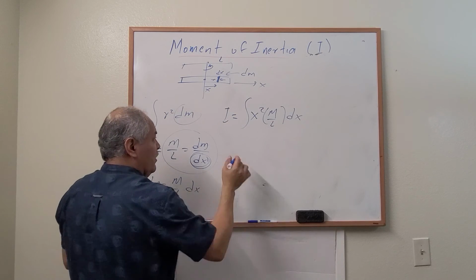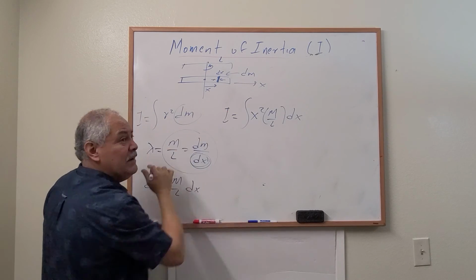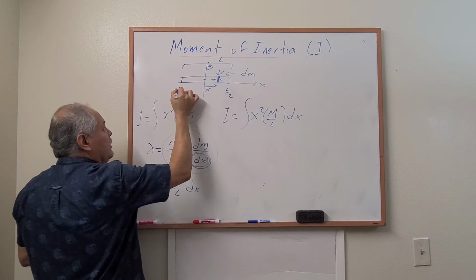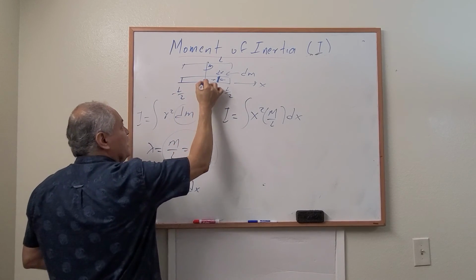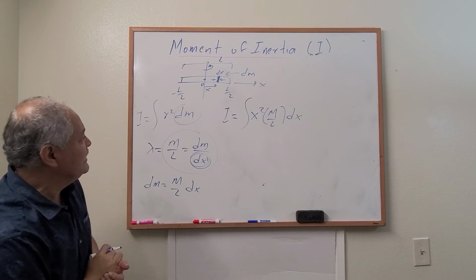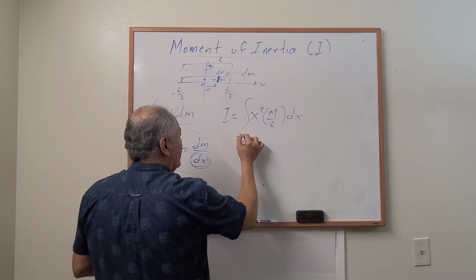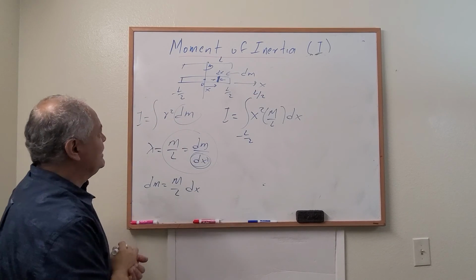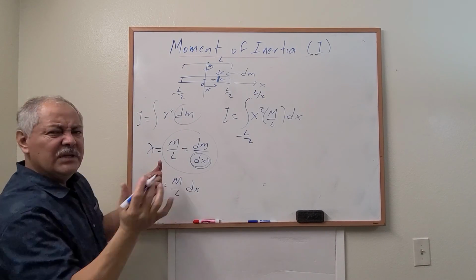Okay, perfect. Now let's see the limits. The limit right here is L over 2, and right here is negative L over 2 with respect to the axis of rotation, the origin. Now these are the limits from negative L divided by 2 to L divided by 2. Great. Now let's do the integral.